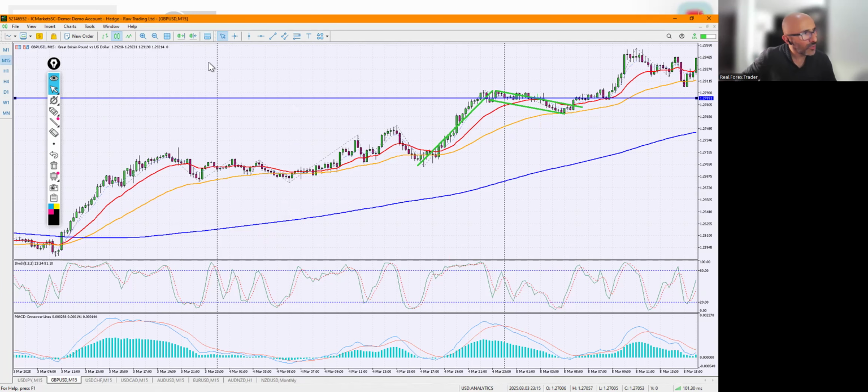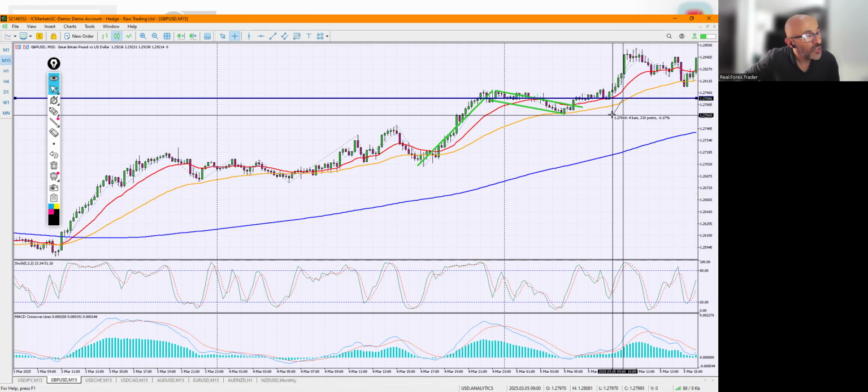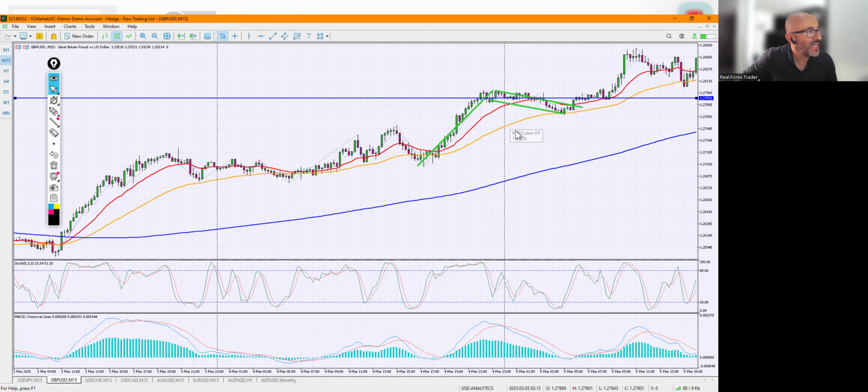Now let's calculate my stop loss. The logic dictates that I should use a very important support area, and that support area is given by the EMA. This exponential moving average is giving me a nice indication of support.